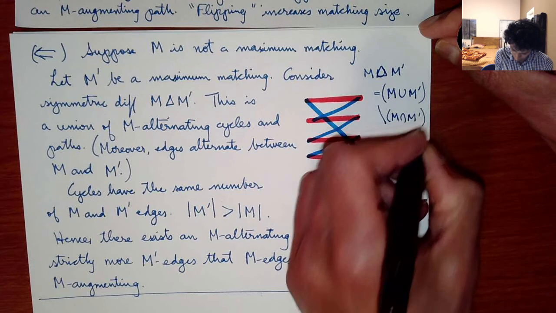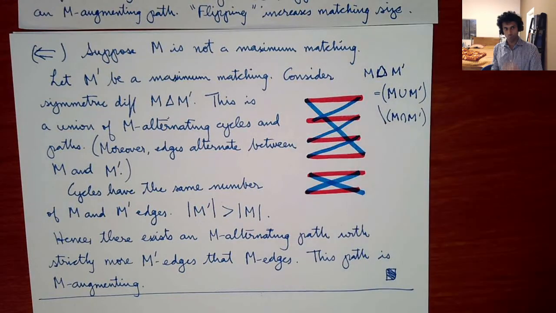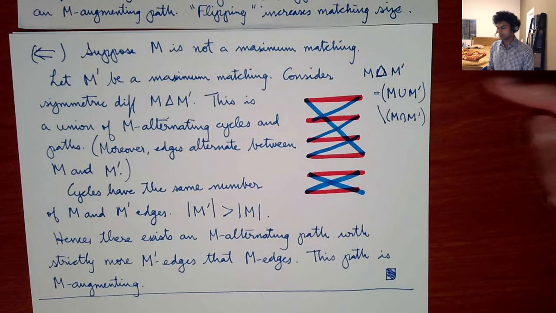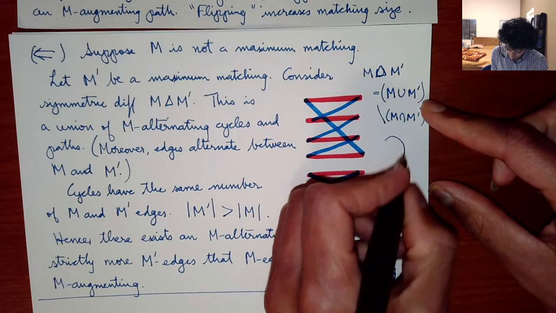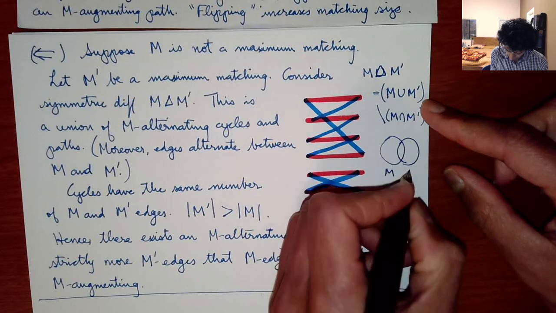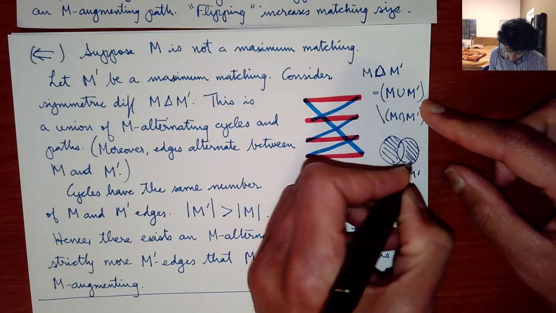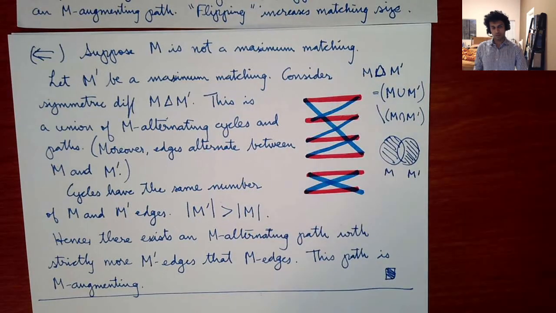Those are all the edges that are only present in one of them, right? So you take the union and you remove the intersection. Maybe just to draw you the Venn diagram, if that was M and that was M prime, the symmetric difference is the shaded region, right? So you remove everything that is common.